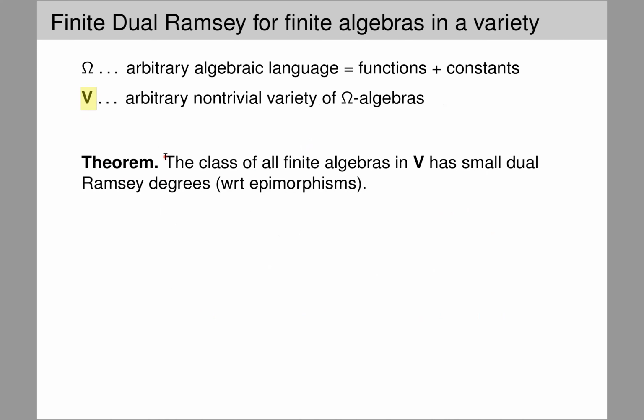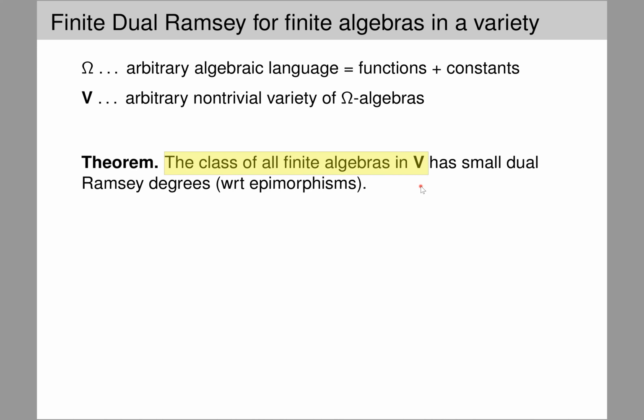Then I'm going to demonstrate, very briefly and in a very sketchy manner, that the class of all finite algebras in V has small dual Ramsey degrees. So you take any non-trivial variety and consider only finite algebras inside. This class of structures has small dual Ramsey degrees.